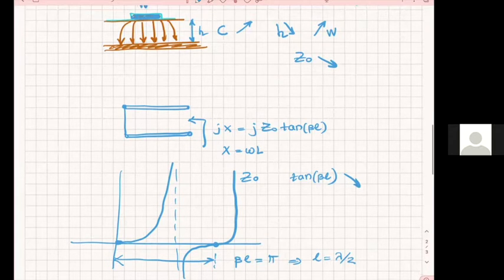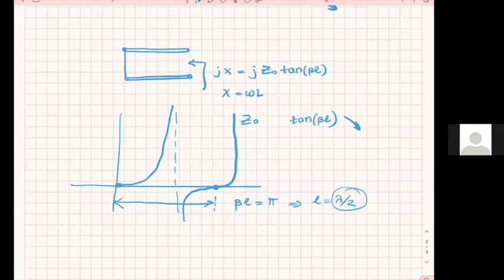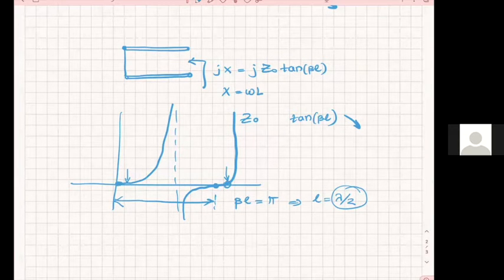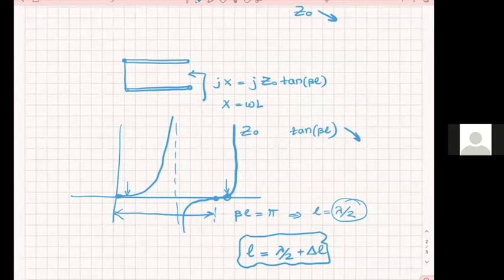In any case, practically it goes there, which means instead of me looking down here for βL, I can look up here. So to get this very low value, the L value is going to be close to lambda over 2 plus a delta L. So I can materialize L, but it's going to be half a wavelength practically.